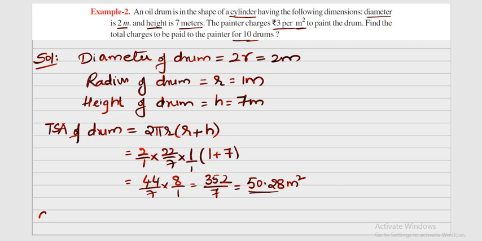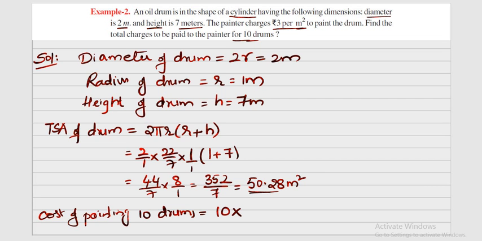Right, now the cost of painting. So directly I am taking 10 drums. So cost of painting 10 drums is equal to 10 into cost per meter square into the TSA of each drum.